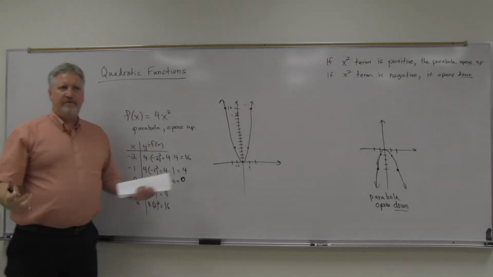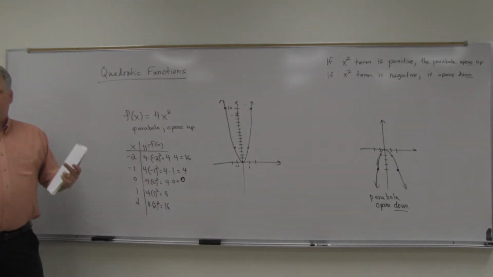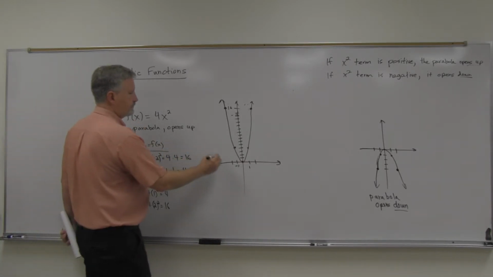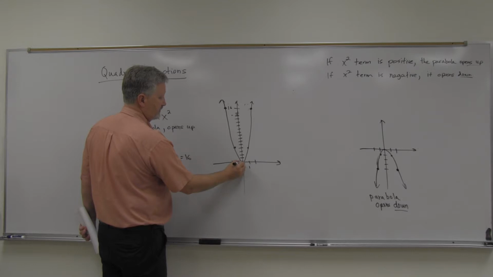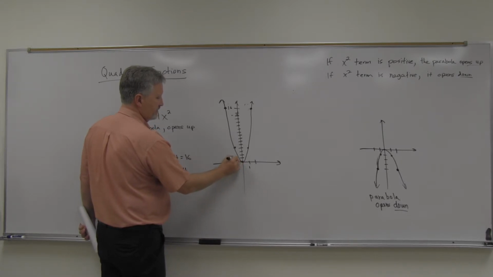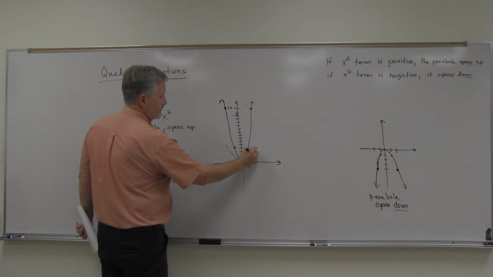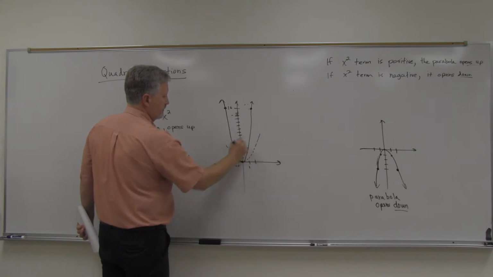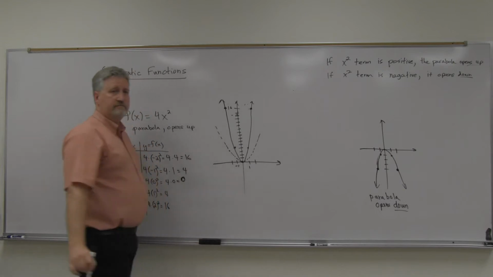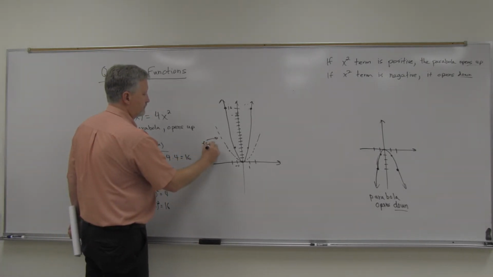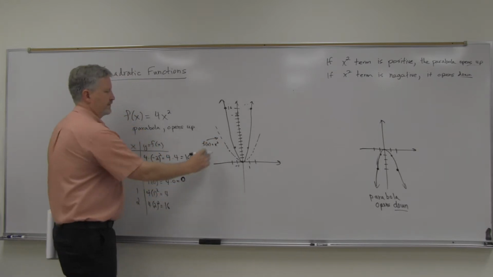So it opens up. Another point we can make about this is, notice here, if I put in the y equals x squared graph, dotted in here, 1, 1, 2, 4, that's the x squared graph without the 4.